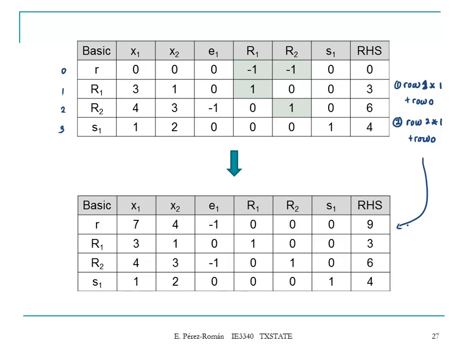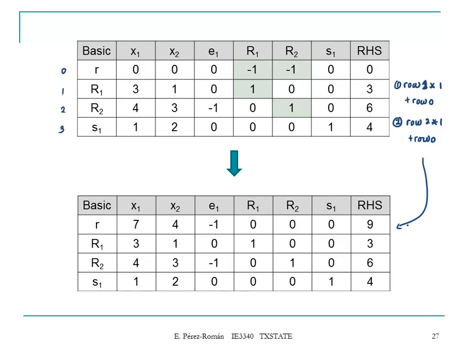Okay, so we are doing a minimization problem. So we are not done yet, because as you see, these two numbers are positive. So that means you can insert that X1, in this case, to the basic solution, and take out this R1 from your basic solution.